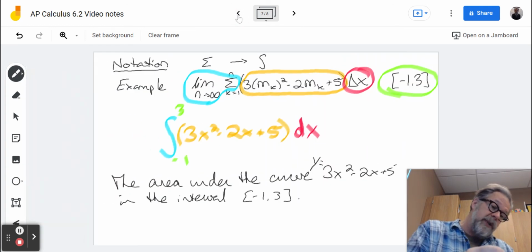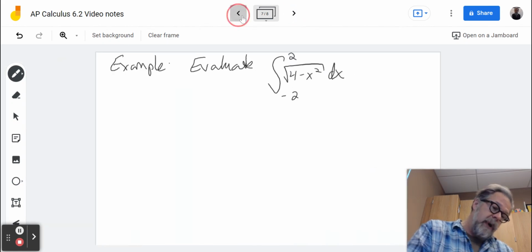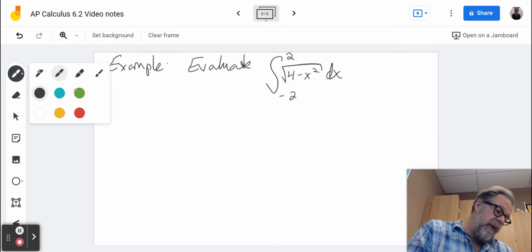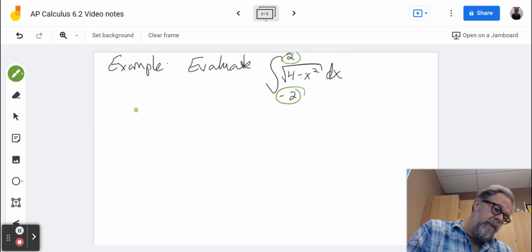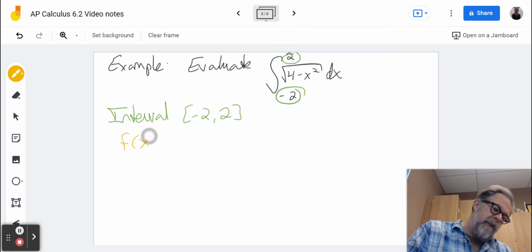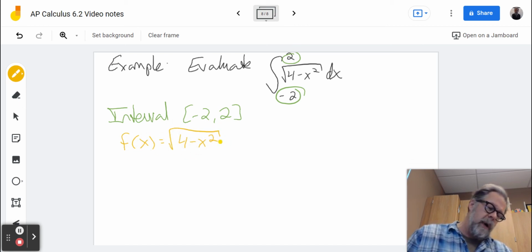I'll try to keep the colors the same: green for the interval, gold for the function. So here we go. We are first of all looking at the interval -2 to 2. We are looking at the function f of x equals the square root of 4 minus x squared. So let's go ahead and analyze this.